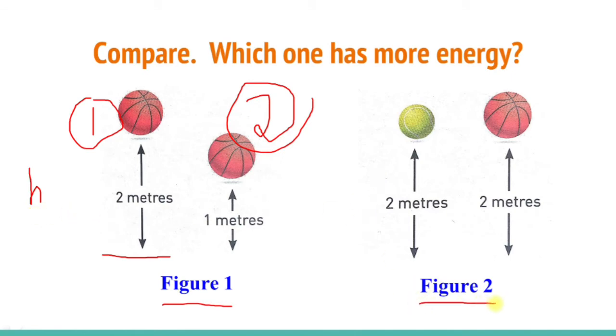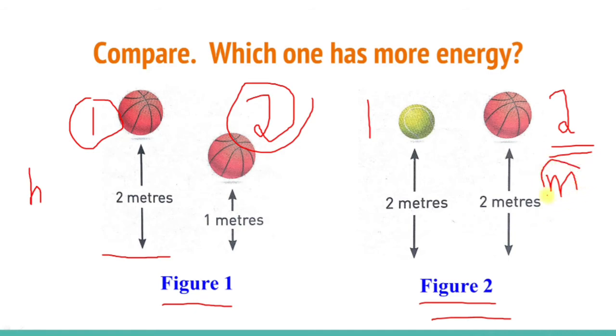And on the second figure, you can see two different balls, but they stay at the same level, 2 meters above the ground. So, first and second, which one has more energy? Yes, the second ball has more energy because it has greater mass.